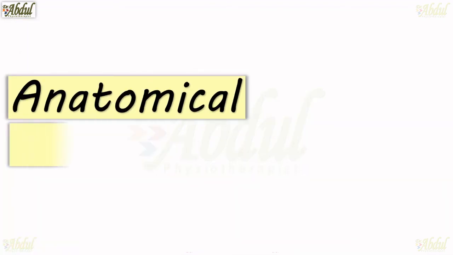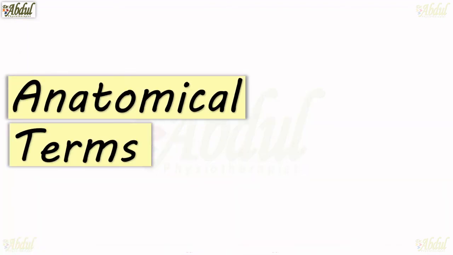Anatomical terms. We all know how important anatomy as a subject is for medical students and for practicing doctors. But for a student who is learning anatomy for the first time, remember that to understand anatomy better, you need to understand anatomical terms. And to understand the anatomical terms, you need to know how they are formed.